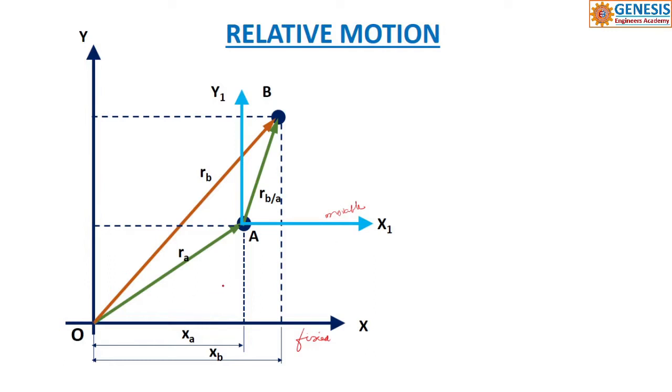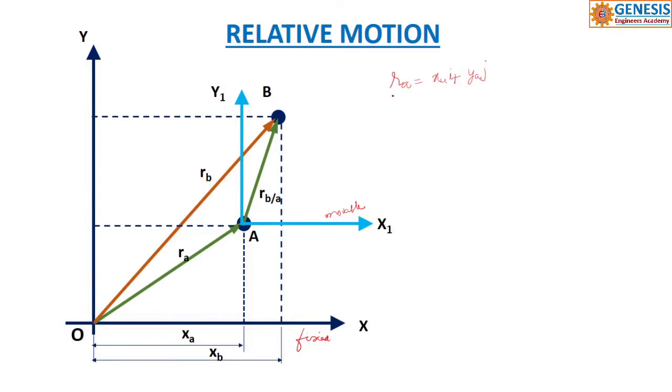That is a position vector. This position vector can be written like that. The position vector of point A is xa i plus ya j. These are the components of that one, with i and j as the unit vectors.